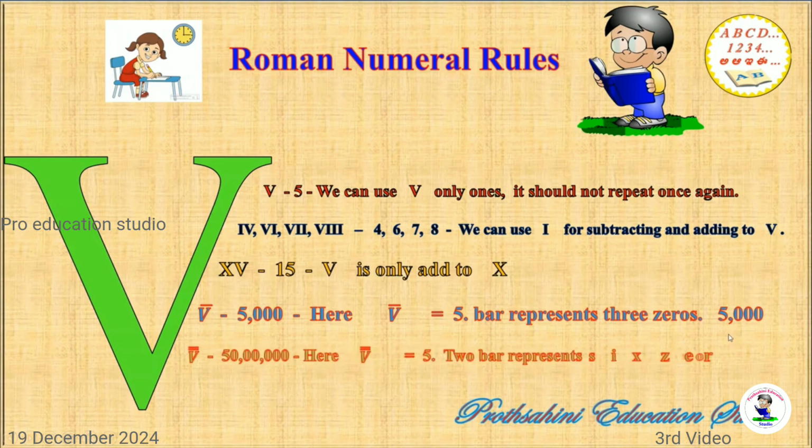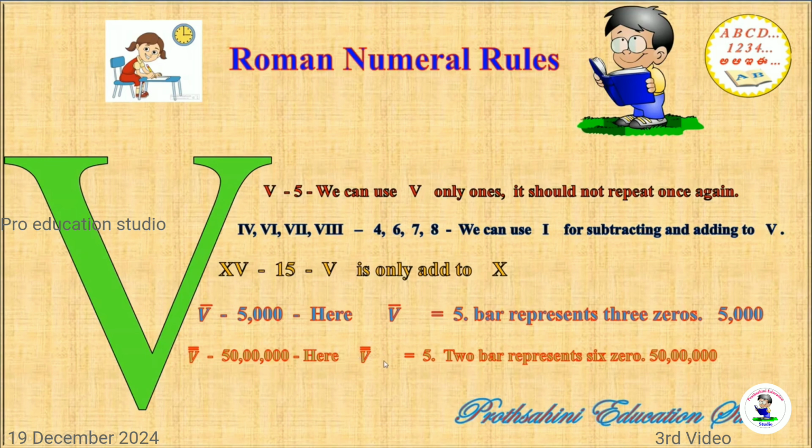Now we'll go on to the next. It is V double bar. Now we don't know what is meant by V double bar. Now we will discuss that. V represents 5 and one bar represents 3 zeros. Another bar also represents 3 zeros. So the double bar represents 6 zeros. 3 plus 3 is 6. So that's 6 zeros.